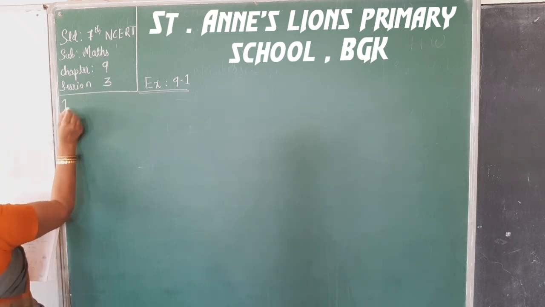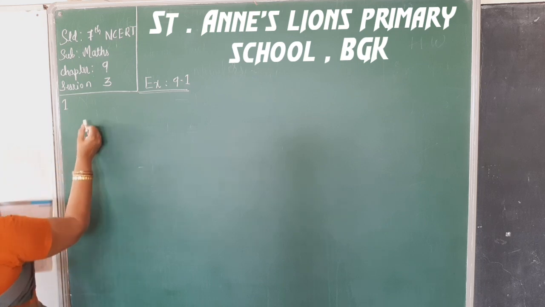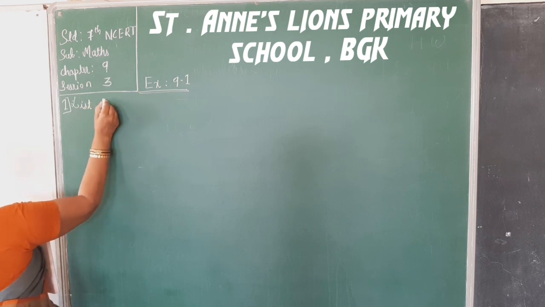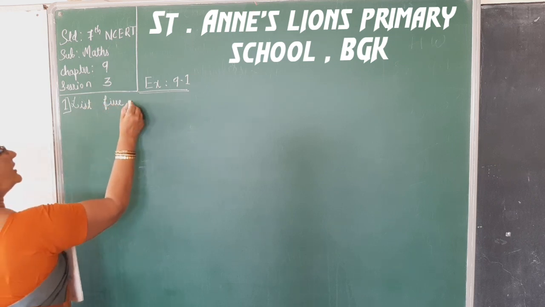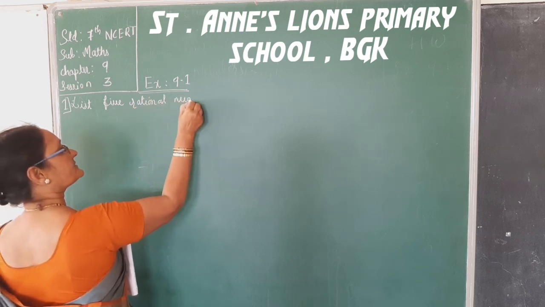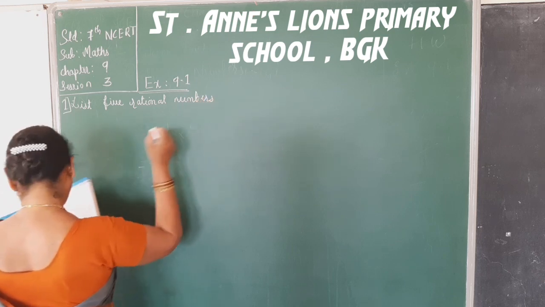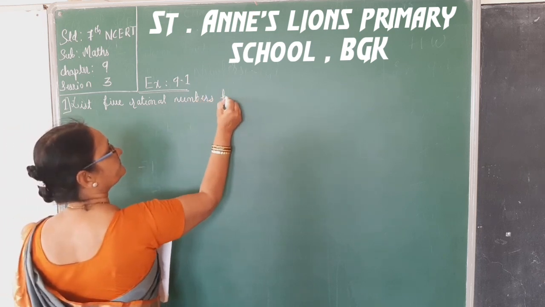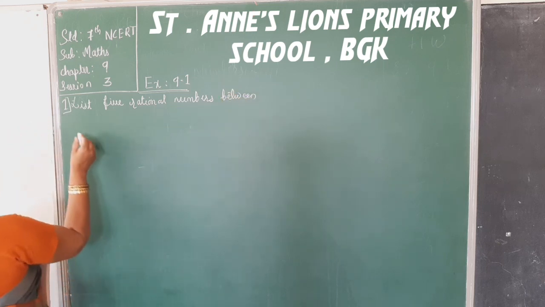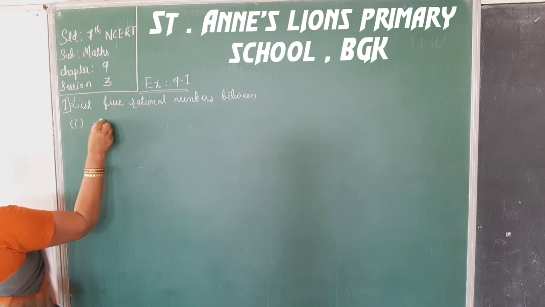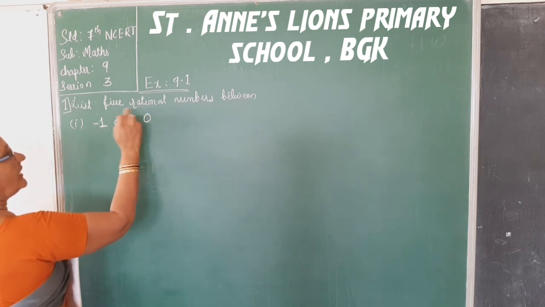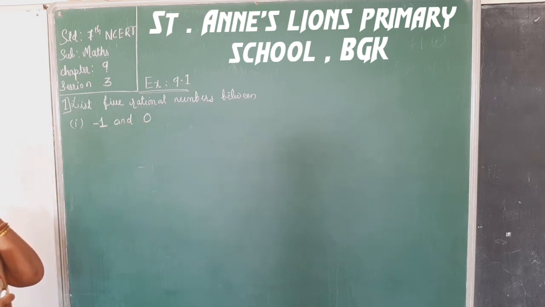The first one: list 5 rational numbers between minus 1 and 0. We have to find 5 rational numbers between minus 1 and 0.